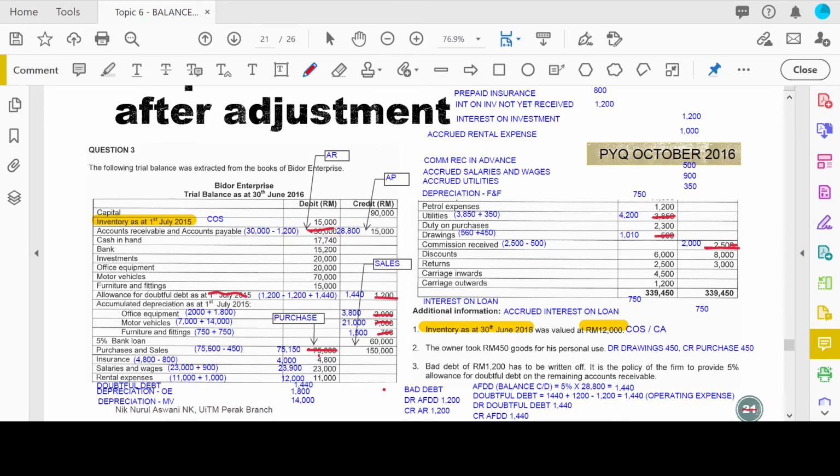I think I have updated everything, right? So usually at the end of the day, this is how your exam paper should look, where you scribble everything on the paper.